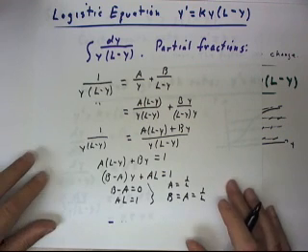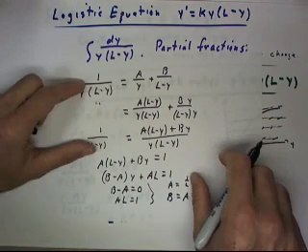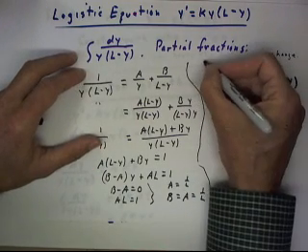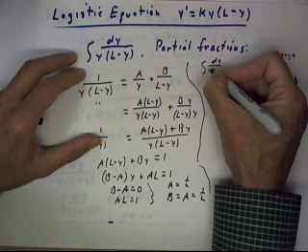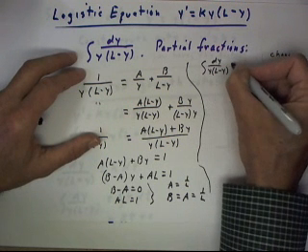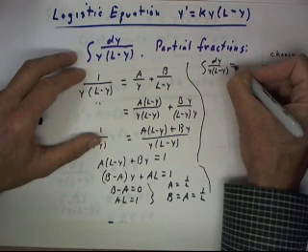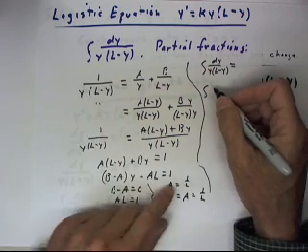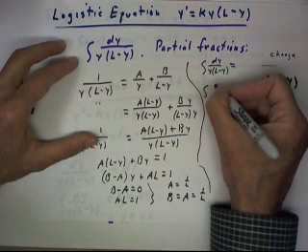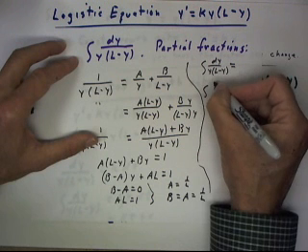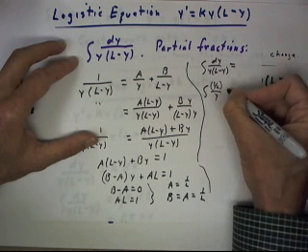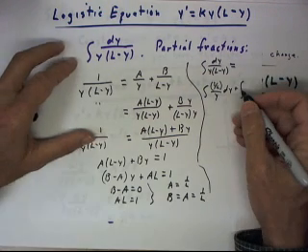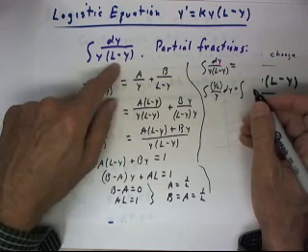And now our integral becomes, let's find a little place in this paper here. So now the integral of dy over y times L minus y becomes the integral of A over y, where A is 1 over L, plus the integral of B over L minus y.